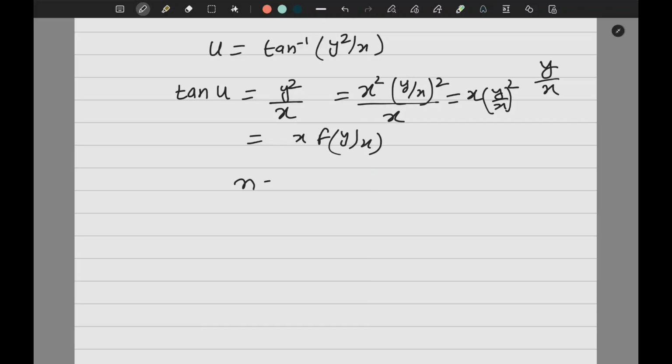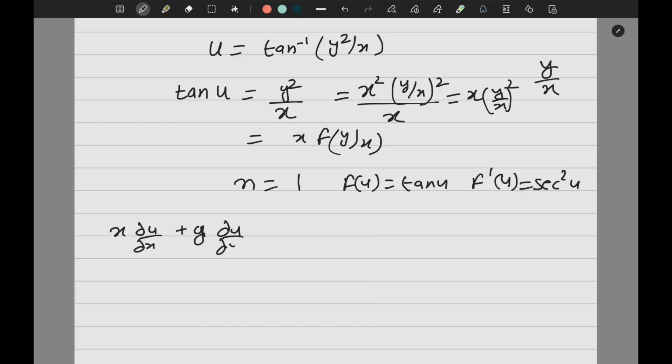So now your n value is equal to 1. Okay. And your f(u) is tan u, and your f dash u is equal to secant square u. So the answer is x ∂u/∂x plus y ∂u/∂y equals n f(u) upon f dash u. This is nothing but sin u upon cos u, and cos square u.